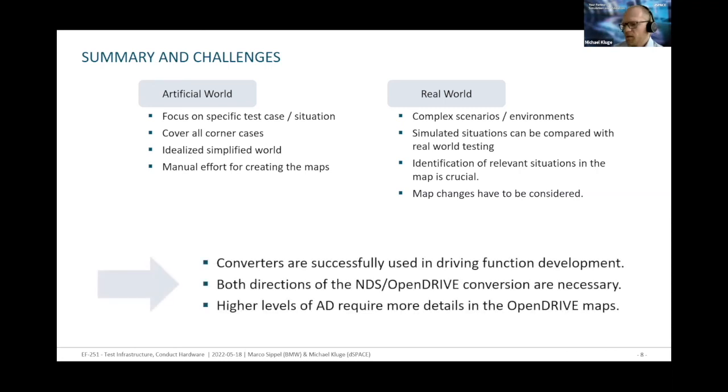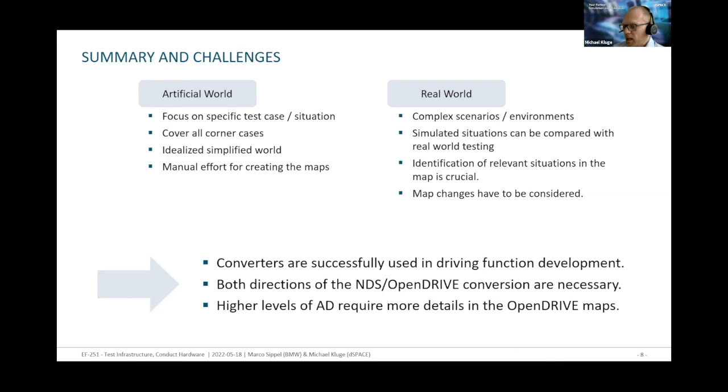So in general, as a summary, the converters are already successfully used. The OpenDrive to NDS and vice versa converters are already successfully used in driving function development in both directions, and both directions are necessary for the use cases we have seen.